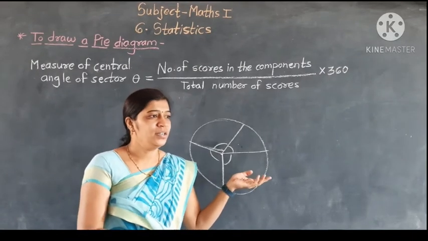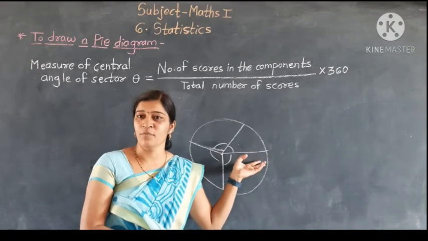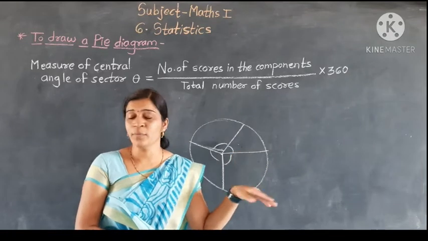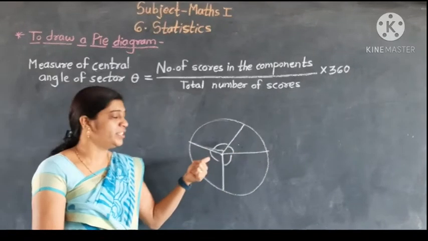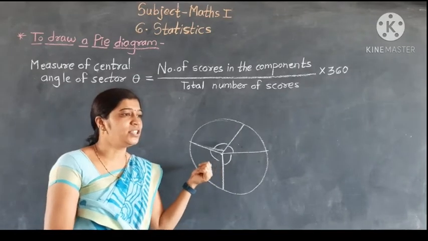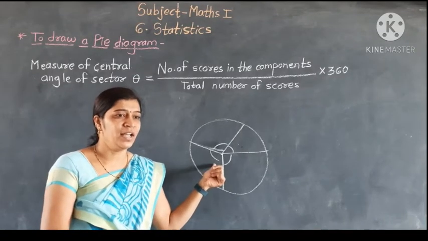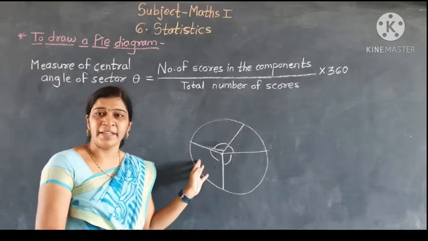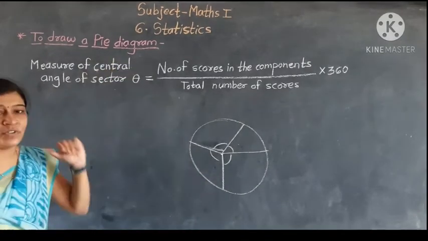Then in histogram we see the information. One of the methods to represent the information is the pie diagram. अनेक मेथड आहेत इन्फॉर्मेशन रिप्रेझेंट करण्याच्या, पाय डायग्राम ही एक मेथड आहे. How to draw this pie diagram we will see.